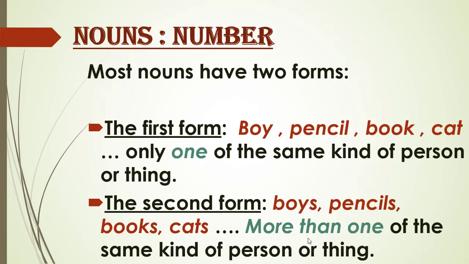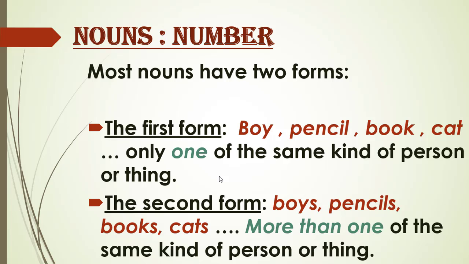So, most nouns have two forms. Above example से हमने देखा कि nouns having two forms. The first form: boy, pencil, book, cat. Only one of the same kind of person or thing. जो हमारे पास first one वाला block था, वहाँ पे एक एक चीज बताई गई थी.